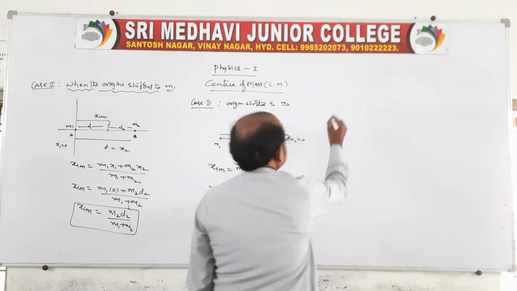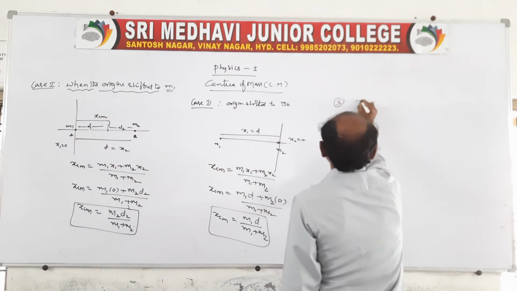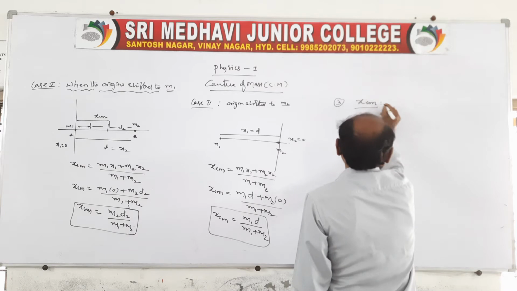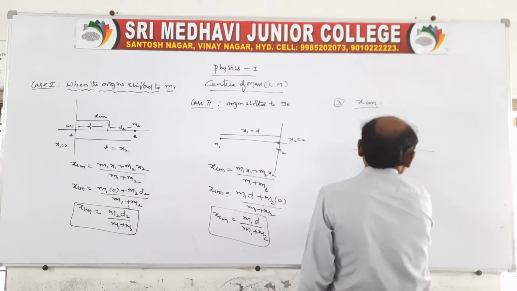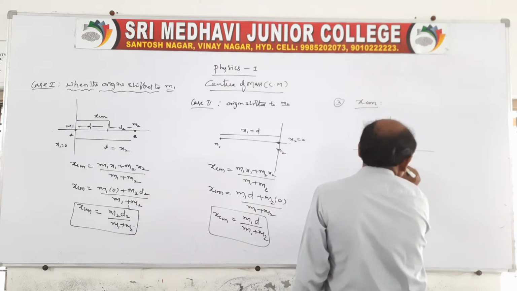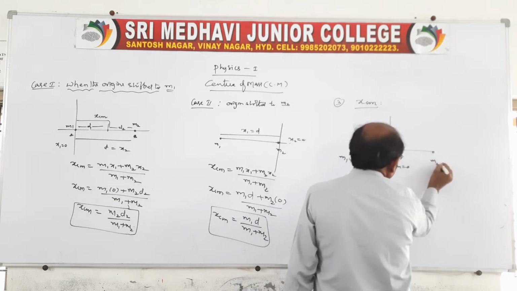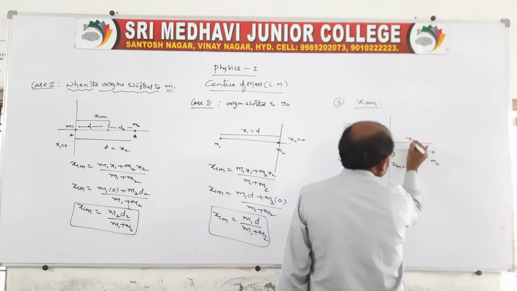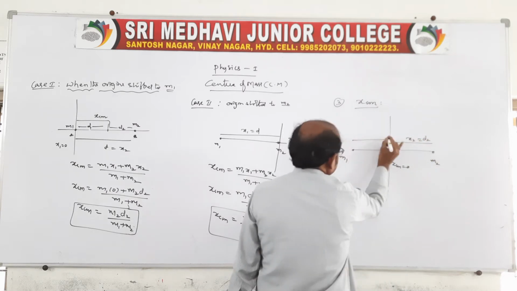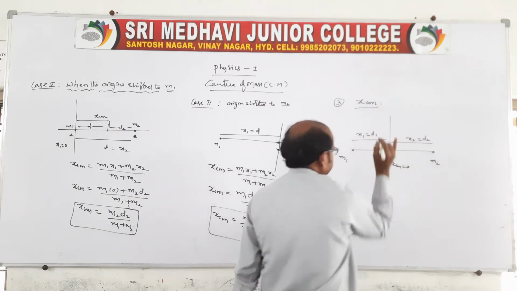And the third case, if the origin is shifted to the center of mass position. Now the position will be xcm equal to 0, and this particle is m1 and this particle is m2. From this, x2 we can say is d2, and x1 is equal to d1, from the origin.